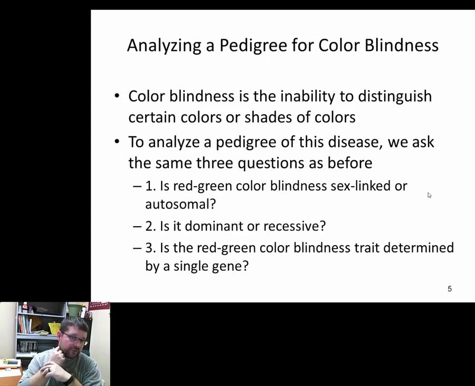Now, a couple things about being colorblind. Especially in the United States, we've set up our traffic lights and things like that because individuals are most often red-green colorblind. So we've set up our traffic lights in a specific pattern, and that's really for people who are colorblind.